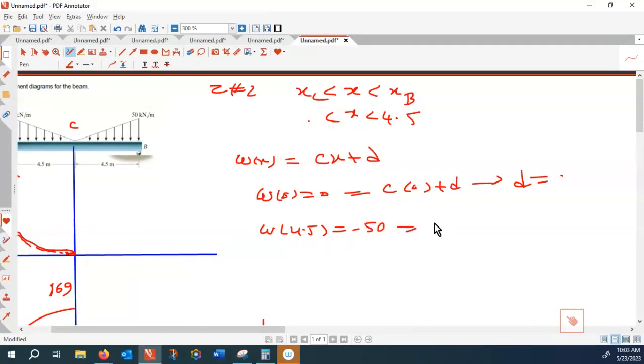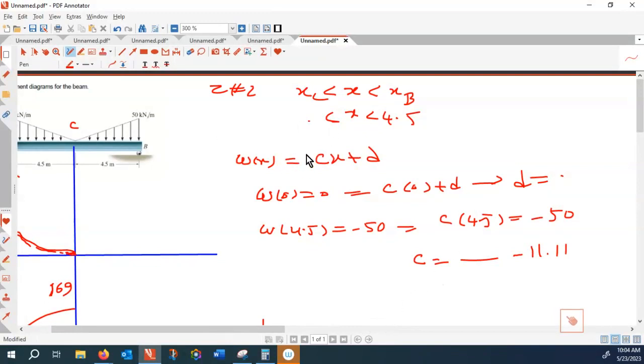And that is c times 4.5 is equal to minus 50. Therefore, c is equal to what? Minus 11.11. All right, minus 11.